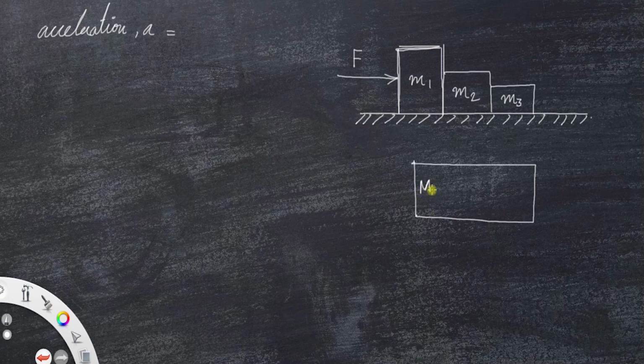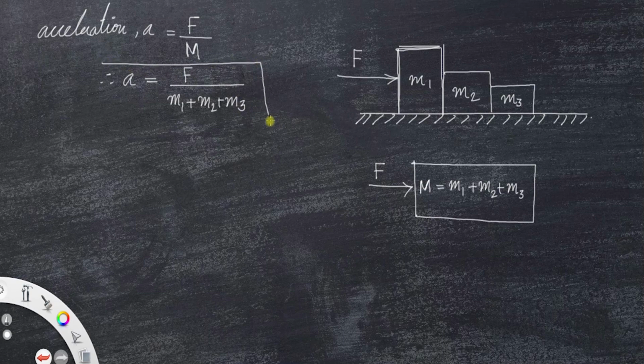Let's say M is equal to M1 plus M2 plus M3, and I am giving a force F. So acceleration is equal to force divided by the total mass. Therefore, acceleration A is equal to force divided by M1 plus M2 plus M3. Clear?